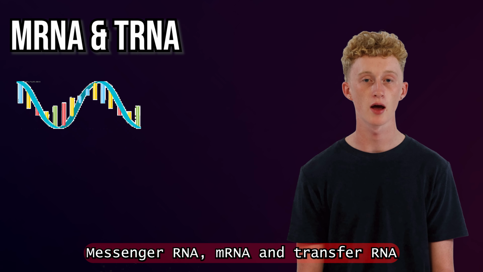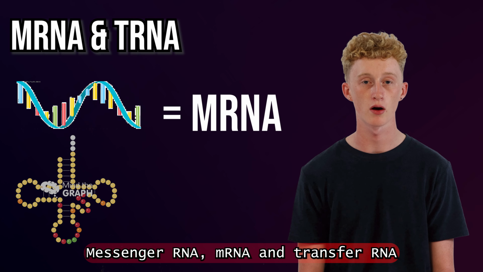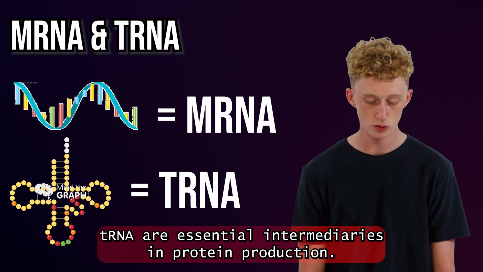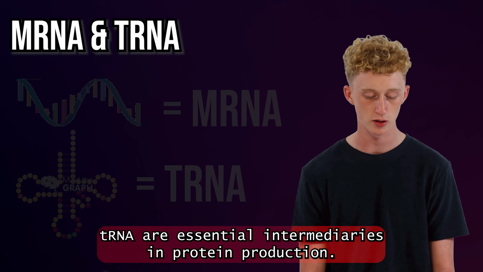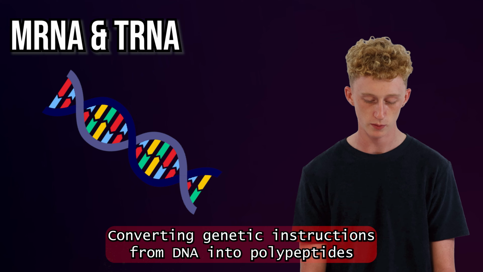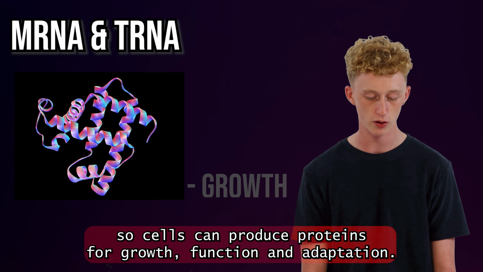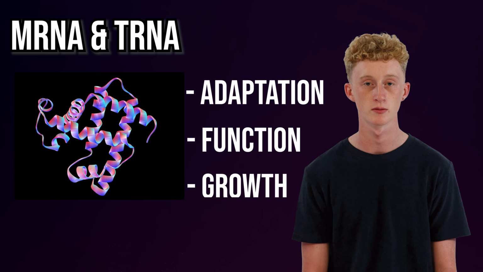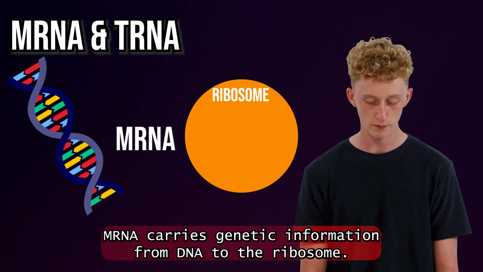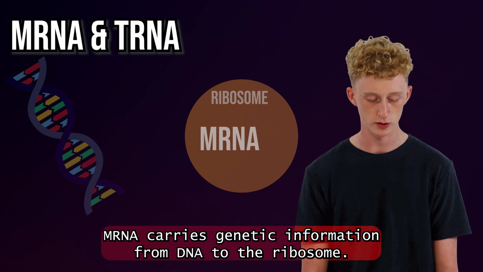Messenger RNA, mRNA, and transfer RNA, tRNA, are essential intermediaries in protein production, converting genetic instructions from DNA into polypeptides so cells can produce proteins for growth, function, and adaptation. mRNA carries genetic information from DNA to the ribosome.